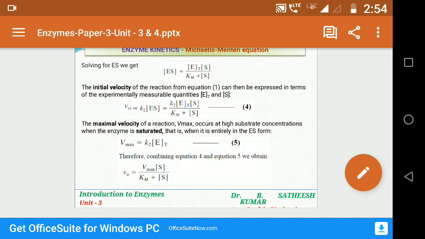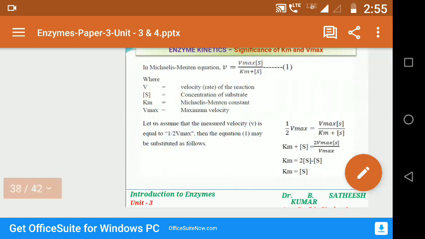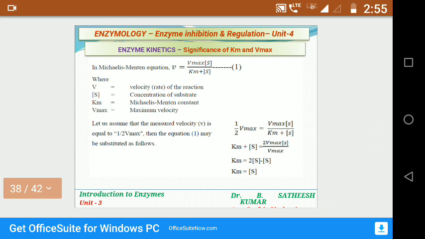S is the substrate concentration, and Km is the Michaelis-Menten constant, that is constant for a particular enzyme. If we know the substrate concentration, Michaelis-Menten constant, and Vmax, then we can find out the initial velocity of the reaction. In the next video lesson, we will be discussing the significance of Km and Vmax, and then we will move on to the inhibition of enzyme action.